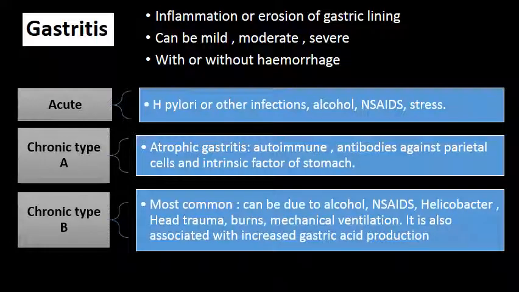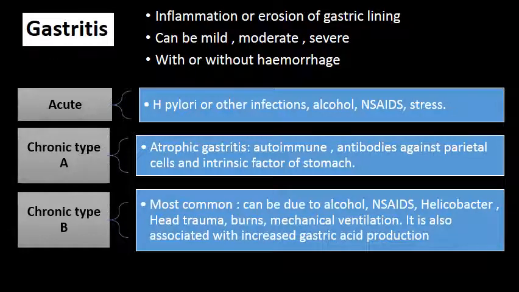And then there is a loss of intrinsic factor, called Castle intrinsic factor, which affects the absorption of vitamin B12 and can lead to megaloblastic anemia, ataxia, or peripheral neuropathy, because vitamin B12 deficiency can lead to subacute combined degeneration of the spinal cord.